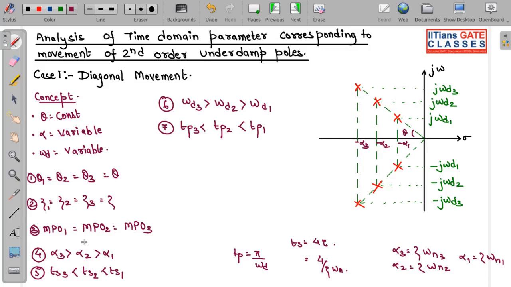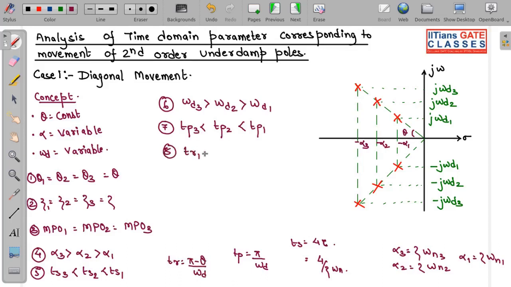Now rise time. Okay, so rise time is given by what? pi minus theta by omega d. So theta is constant, omega d is fluctuating. So this will be what? Rise time.